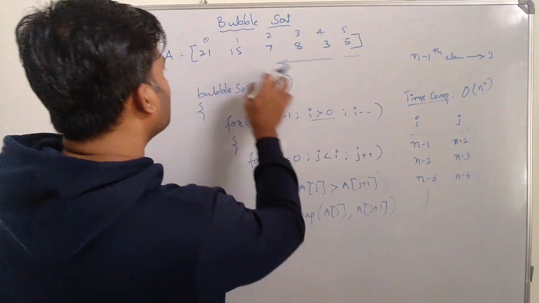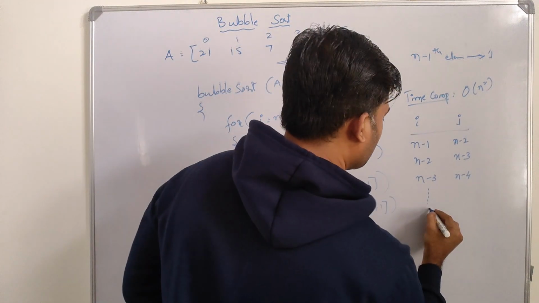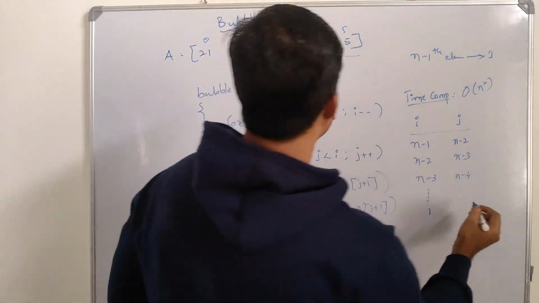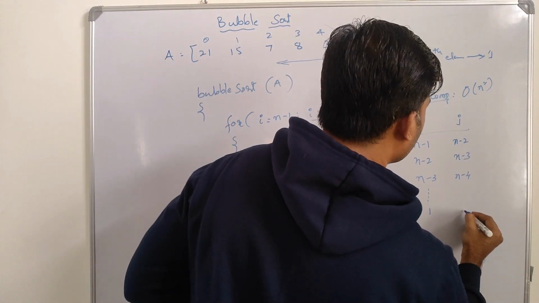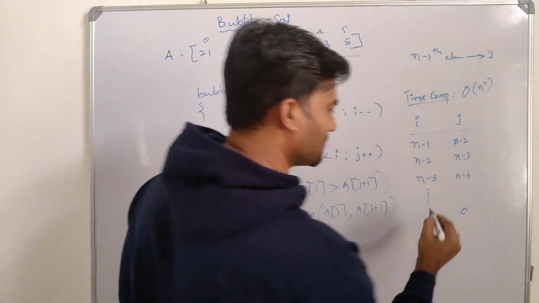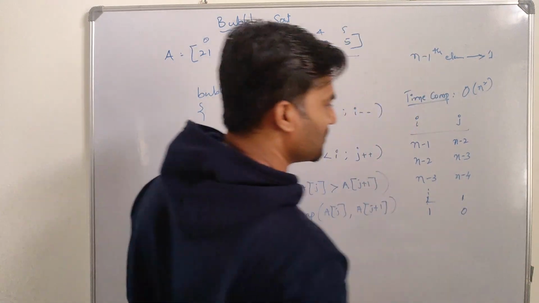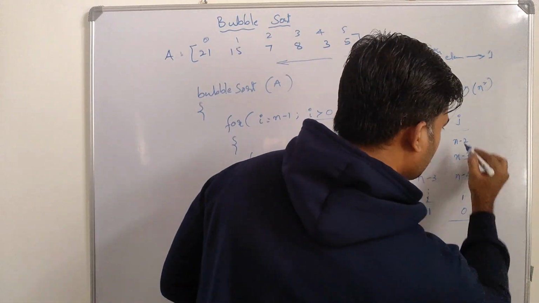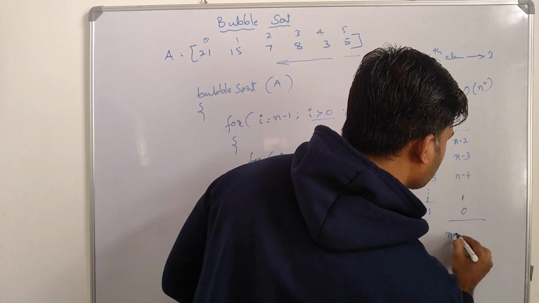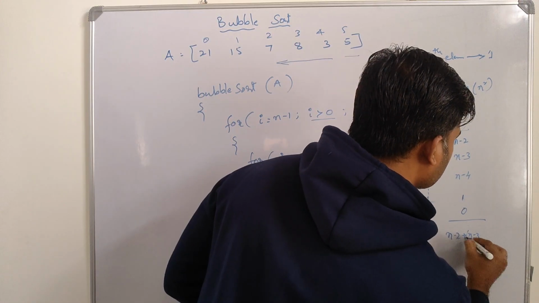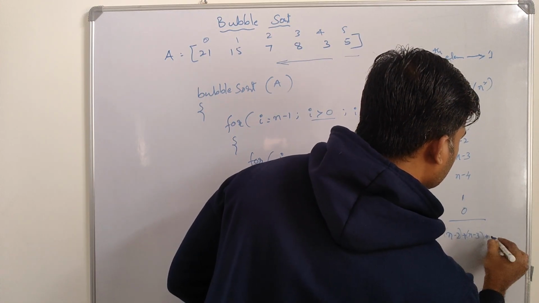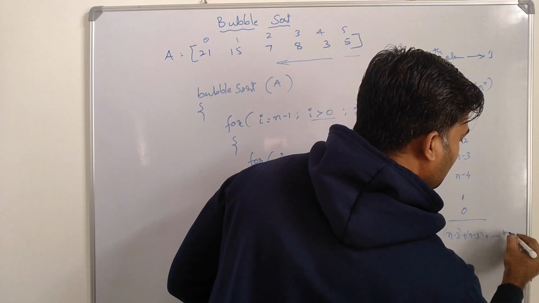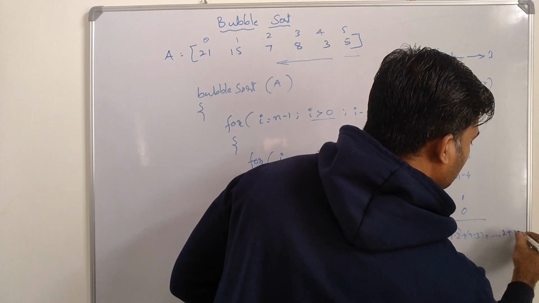Likewise, when we reach 1, this executes almost 0 times. When it was 2, it will be 1. If we sum this up, it is somewhere n minus 2 plus n minus 3 and so on till 2 plus 1 plus 0.